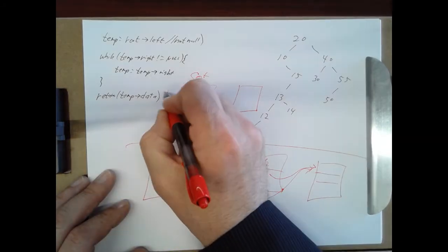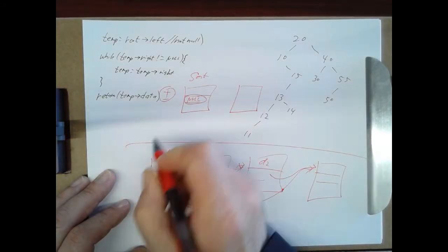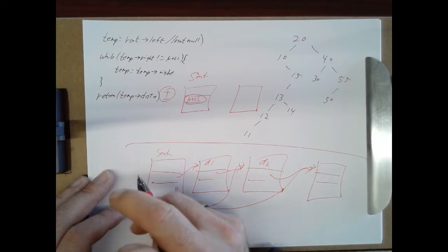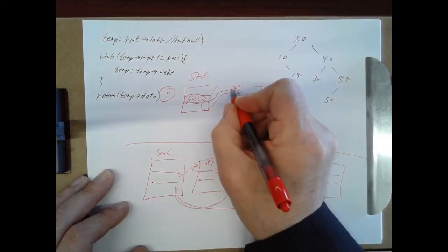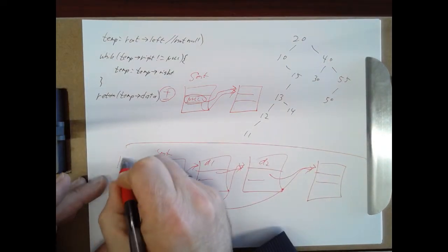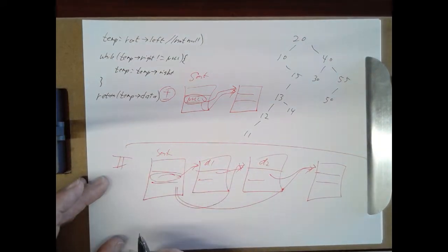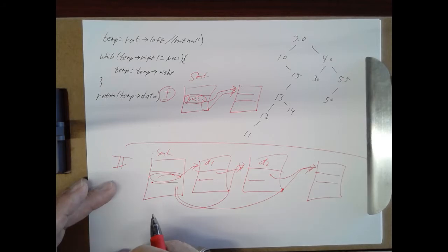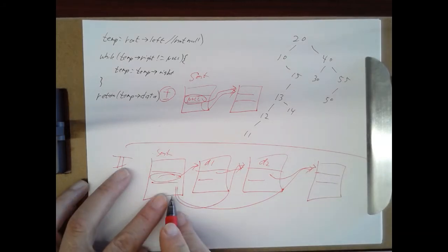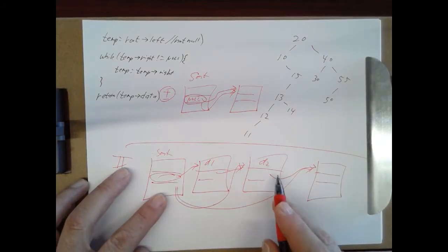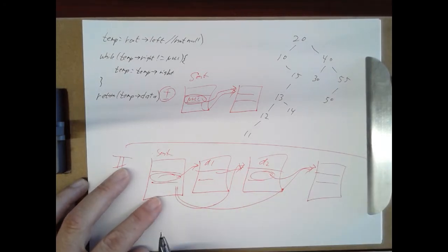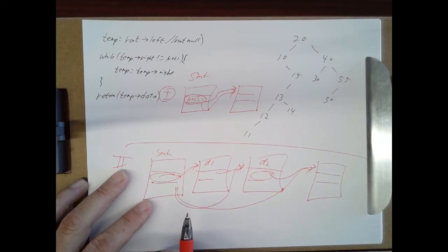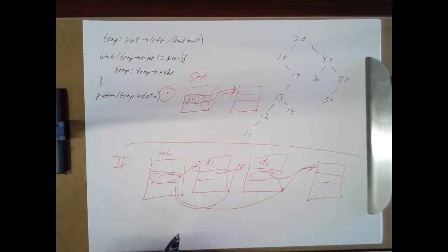Case one, if the sentinel's next field is null, you know you have an empty list. So make a new node, have the sentinel point to that node, and have the tail pointer point to that. Case two, the sentinel's next field is not null. In that case, make a new node, follow the tail pointer to find your last node, set that node's next field to point to your new node, and then set the tail pointer to point to your new node. They're two fundamentally different sets of code.